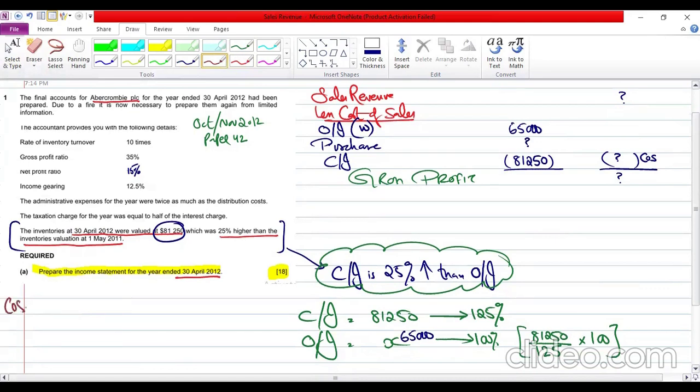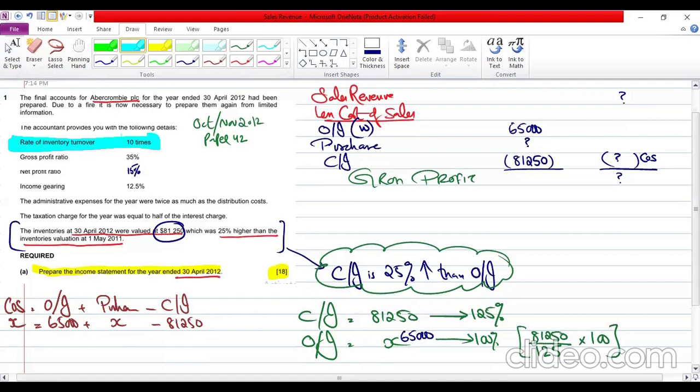Cost of sales, I know the formula: opening inventory plus net purchases minus closing inventory. Closing is 81250. Opening is 65,000. We don't know the purchases, and we don't know the cost of sales. Now I am thinking, did they mention any ratio in which we have inventory or cost?